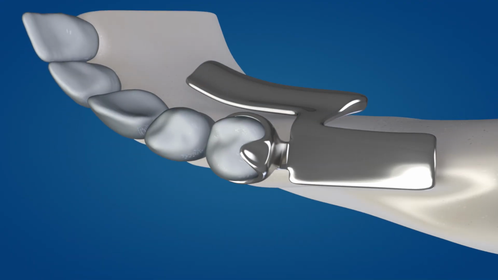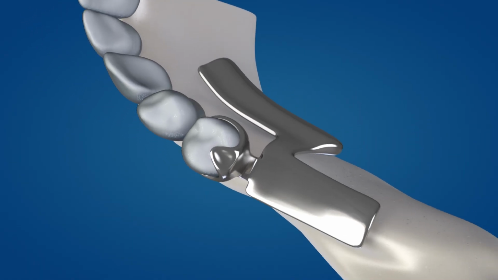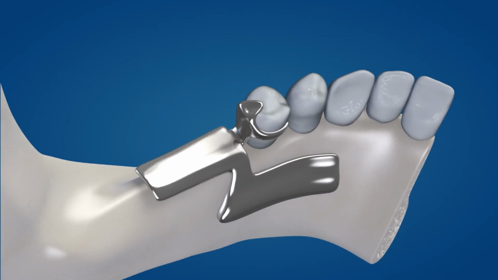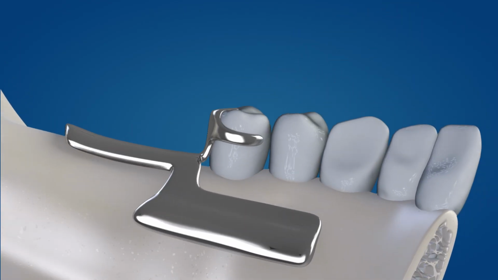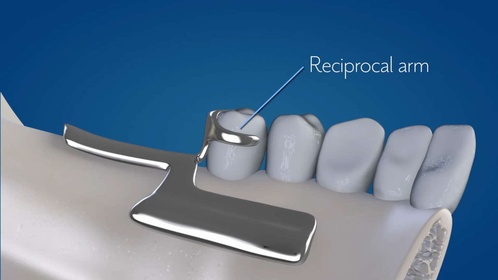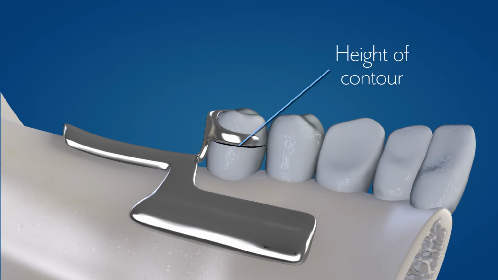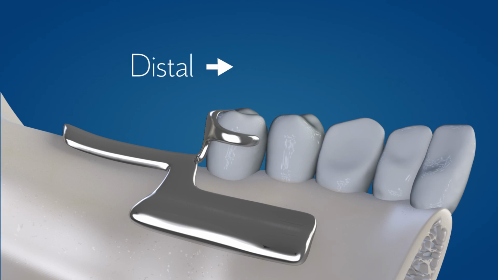Looking at the assembly from the occlusal, we see that the rest occupies a position on the disto-occlusal surface of the abutment. On the lingual surface of the tooth, the reciprocal arm is located above the height of contour and projects from distal to mesial.